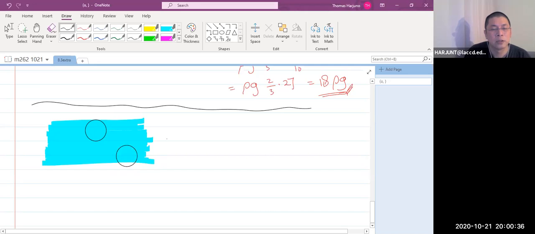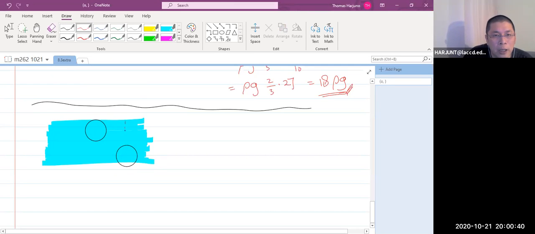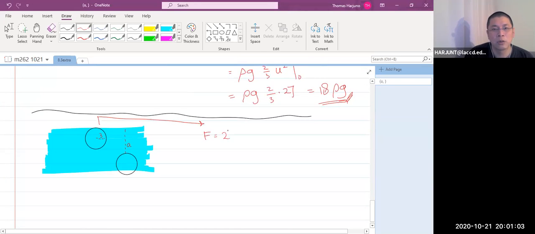Let's say I sink that by a unit down. Remember the radius is 3. And we have computed earlier what we have there. The hydrostatic force is, what's that again? 27 pi rho g.